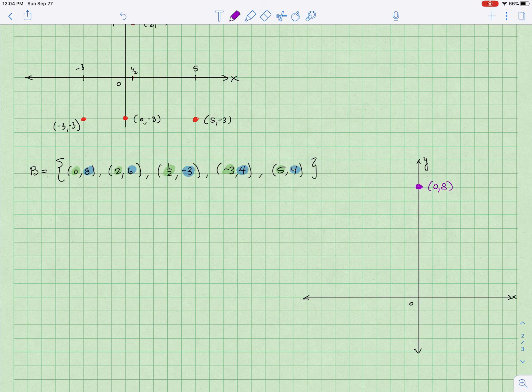That's 0, 8. Our next one is 2, 6. 1, 2, 3, 4, 5, 6. 1/2, negative 3. This is right in the middle there. Negative 3, 4 is back 3, up 4, and then 5, 1, 2, 3, 4, 5, 2, 3, 4.